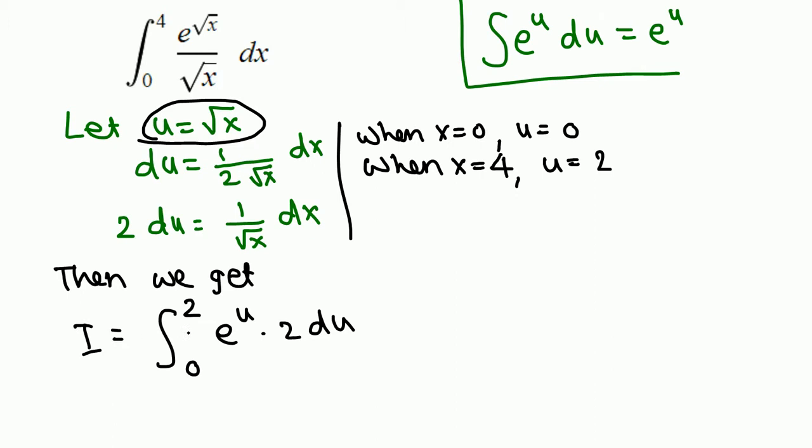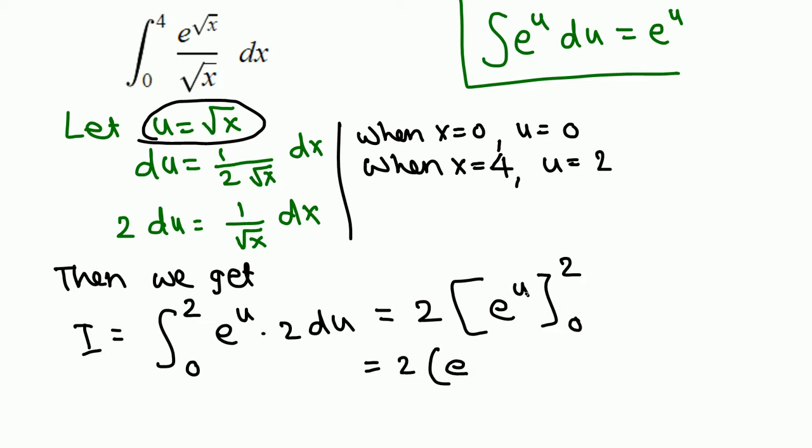Then the integral is like this, and we can pull 2 outside, and that leaves the definite integral of e^u du from 0 to 2, and the antiderivative of e^u is just e^u. 2 is outside, and we want to evaluate from 0 to 2. Evaluate this function at the upper limit minus at the lower limit.